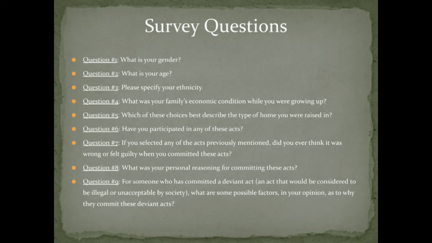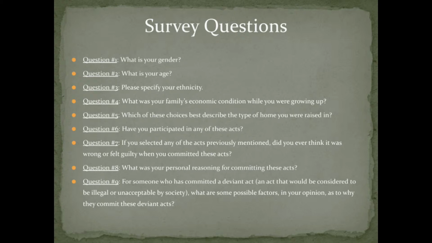So these answer choices consisted of white or Caucasian, Hispanic or Latino, American Indian or Alaska Native, Native Hawaiian or other Pacific Islander, Asian or Asian American, Black or African American, or another race. For question 4, it was what was your family's economic condition while you were growing up? So the choices were upper class, upper middle class, lower middle class, lower class, or not sure.